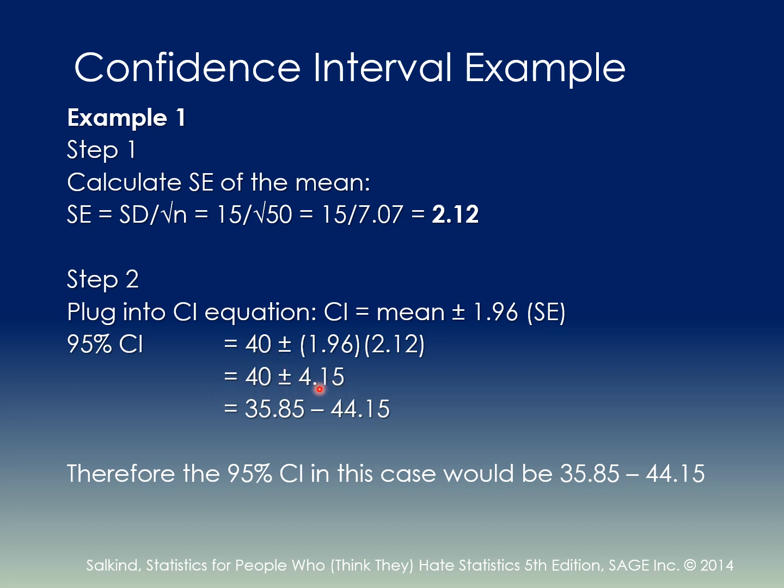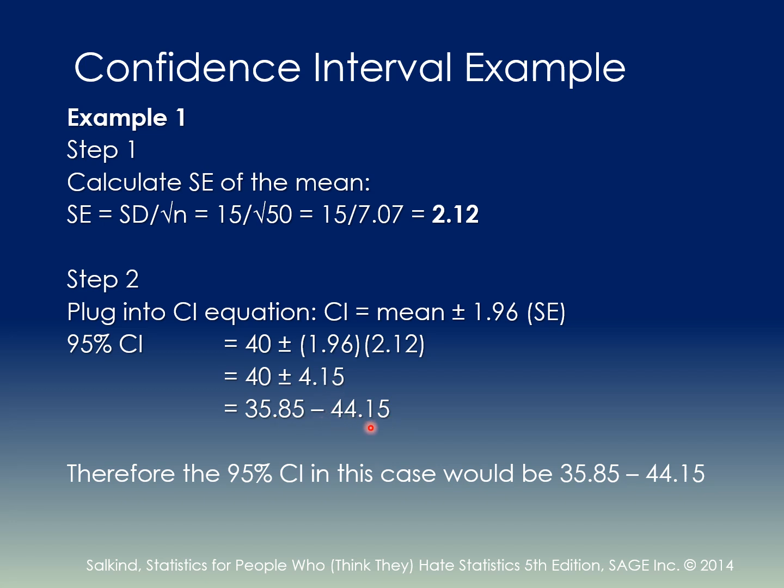Now, unlike the mean and the standard deviation, this time we actually have to do the math here and finish it off. So to get the interval range, we've got to go first to the lower end, 40 minus 4.15. That's going to give us 35.85. And then 40 plus 4.15, that's going to give us 44.15.